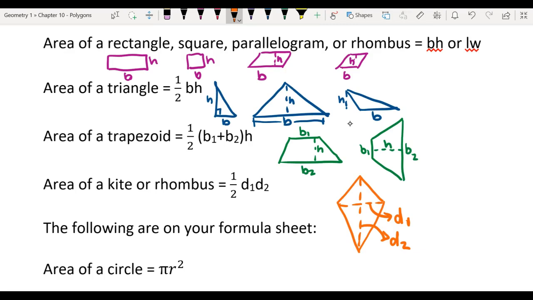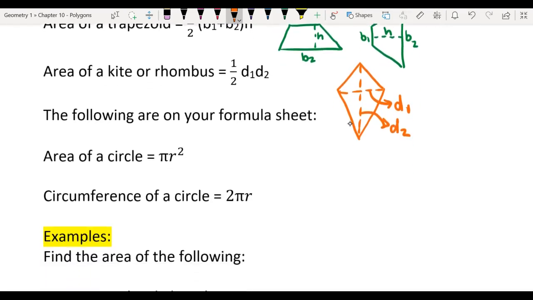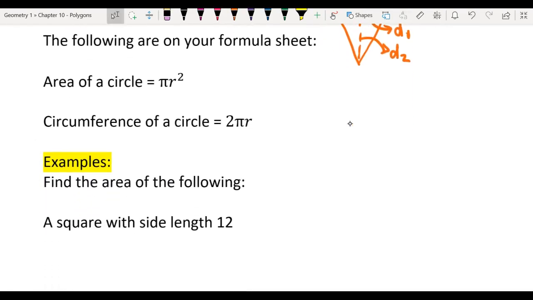All right. The two you do not need to have memorized, I'm going to give you a sheet with them on them, is area and circumference of a circle. So if you have a circle, your radius goes from your center to your side, and for area, it's pi r squared.